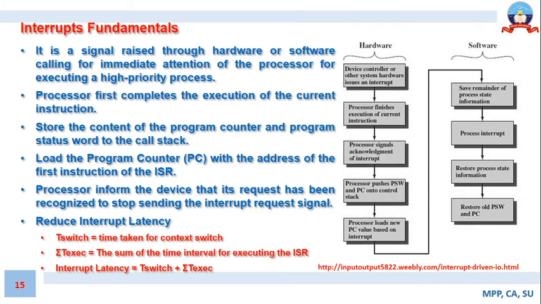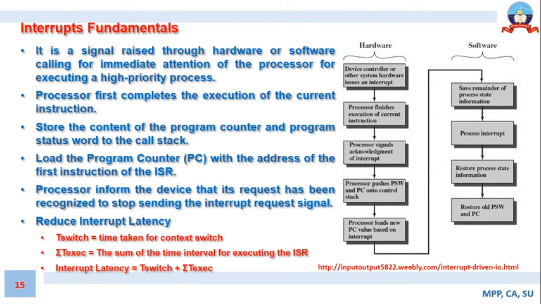Now we have a very simple schematic representation, or a flow representation, that tries to represent how interrupts are being managed by the central processing unit. So the first thing that happens whenever an interrupt is raised: the device controller or other system hardware issues an interrupt.